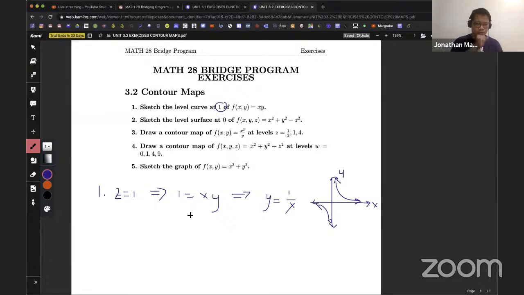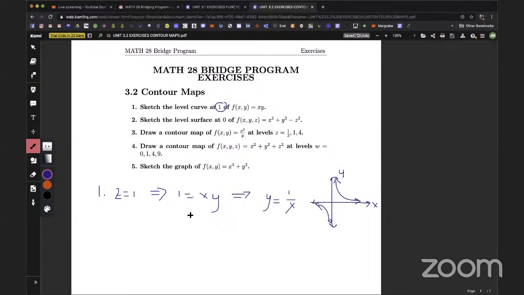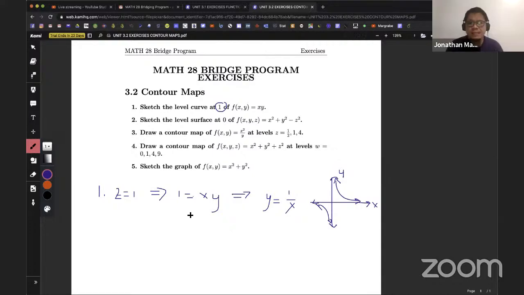For number 2, our function is f of x, y, z equals x squared plus y squared minus z squared. And nagbigay tayo ng specific value to determine the level surface. The value is 0, or w equals 0. Okay. So for number 2, w is equal to 0.